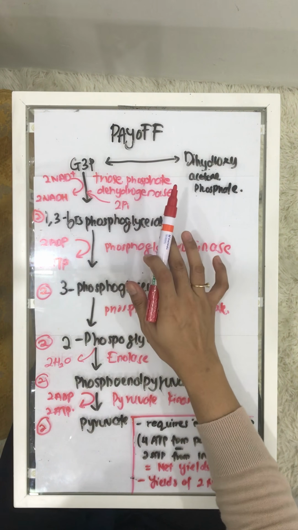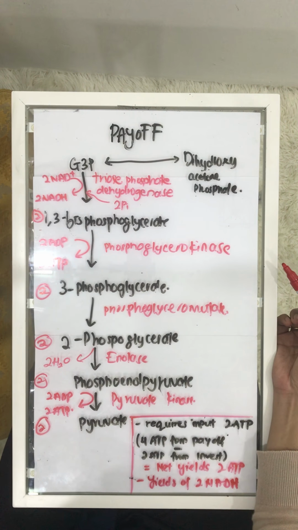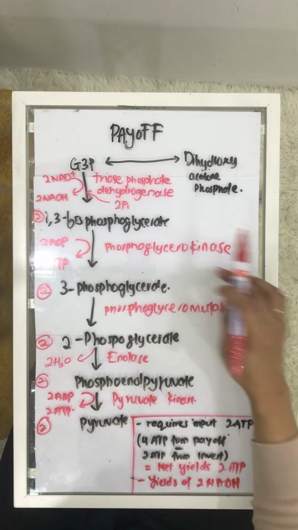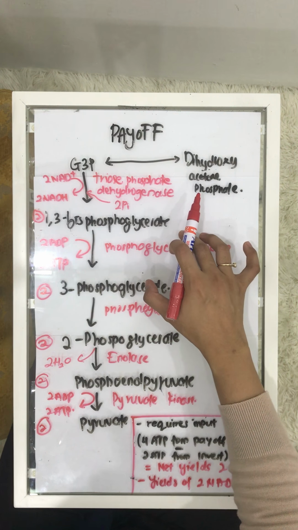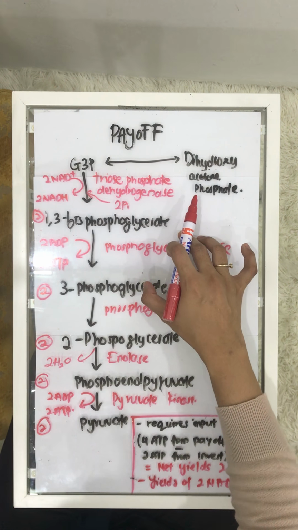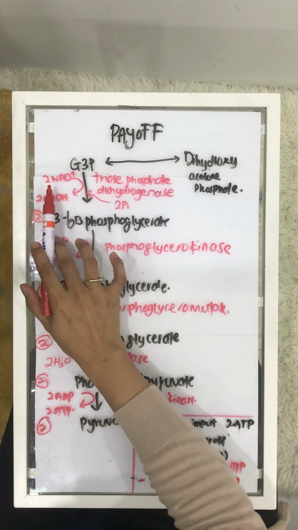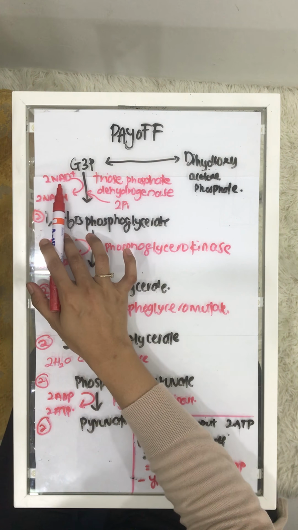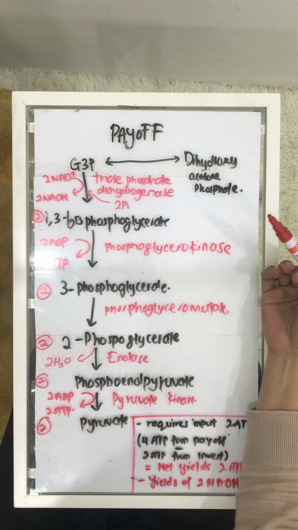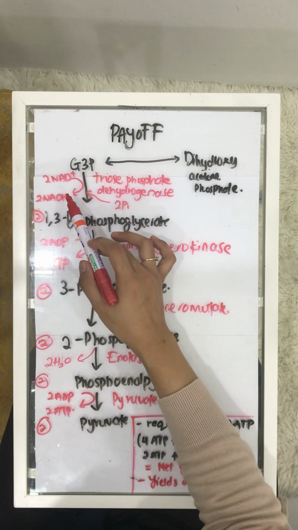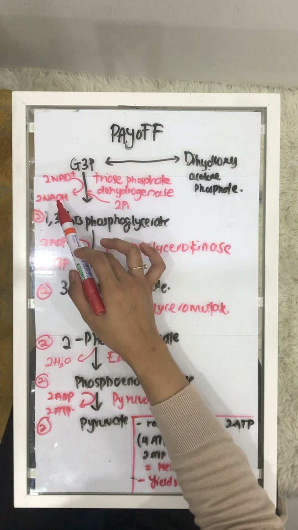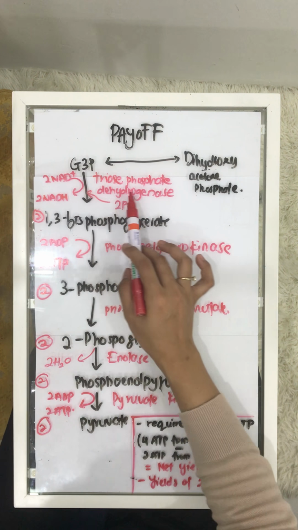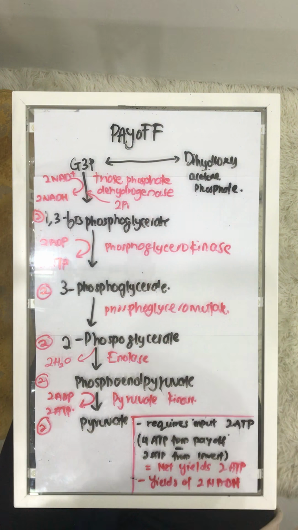In this reaction, it involves the addition of a phosphate group at the first position of the phosphoglycerate. Also in this reaction, NAD plus, which is nicotinamide adenine dinucleotide, a coenzyme, is reduced to NADH. So that's why you see the enzyme name dehydrogenase.